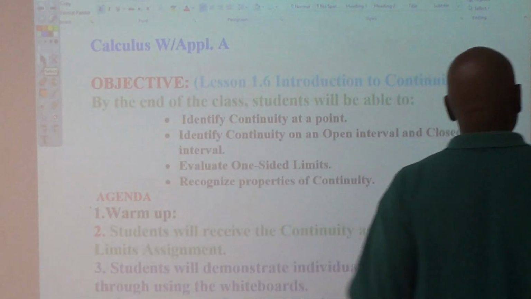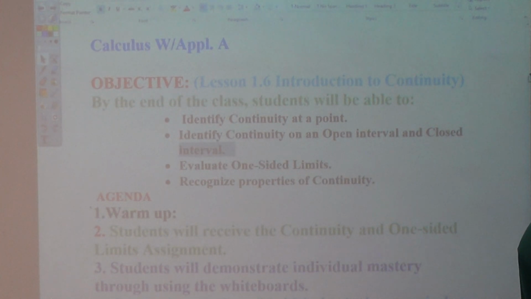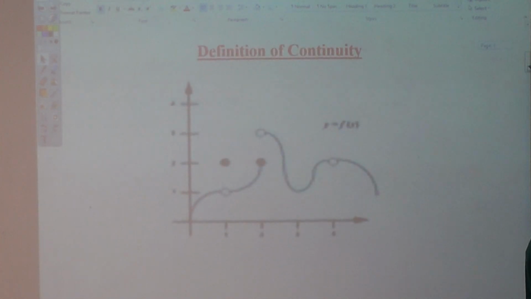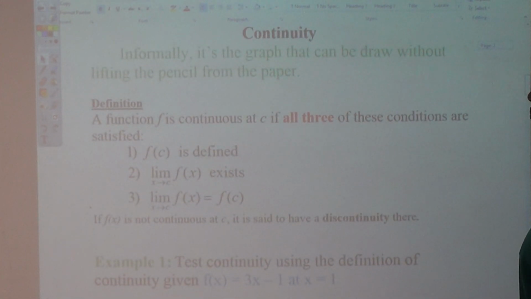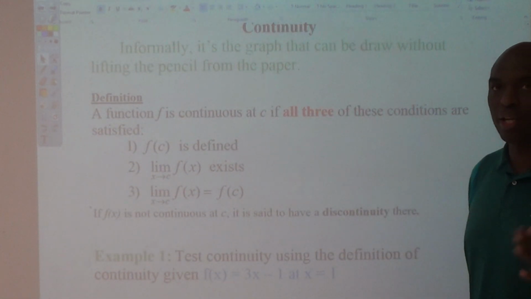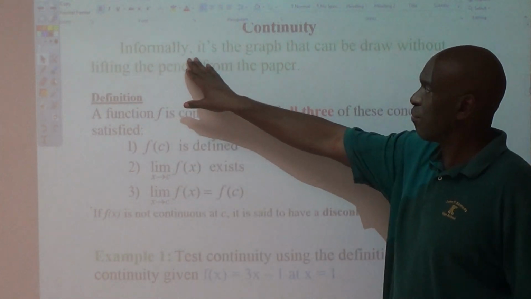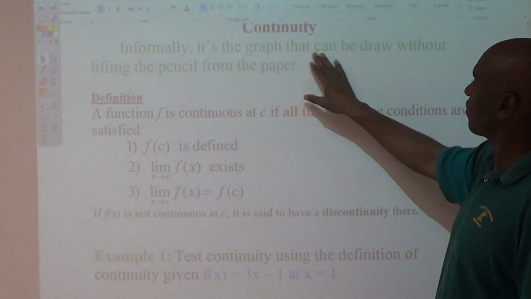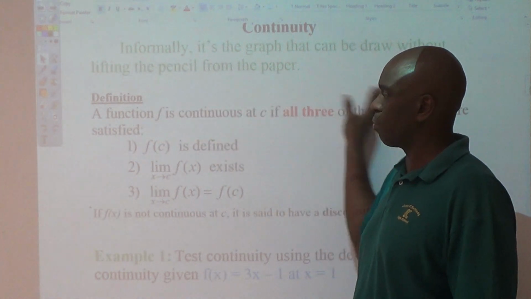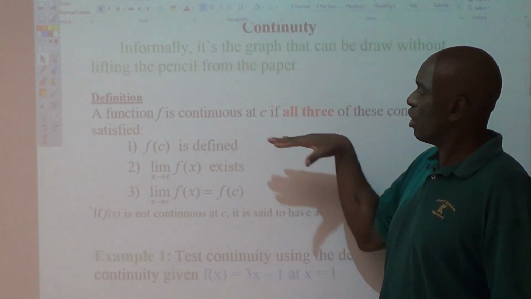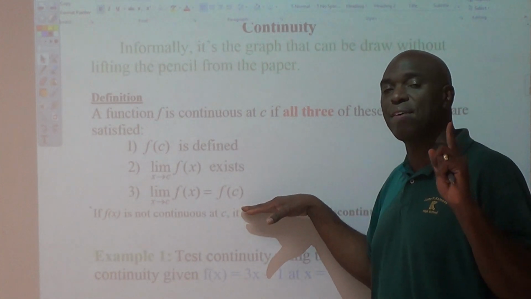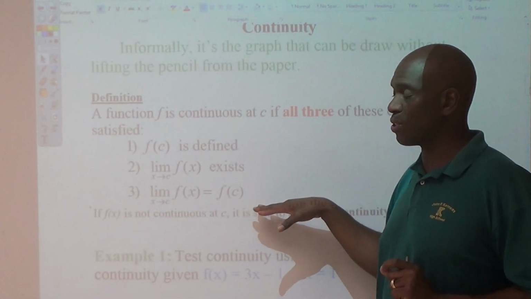First example. So here's continuity and what it actually means. Informally, the graph is the graph that can be drawn without lifting the pencil from the paper. And here are the three conditions that define a function being continuous.